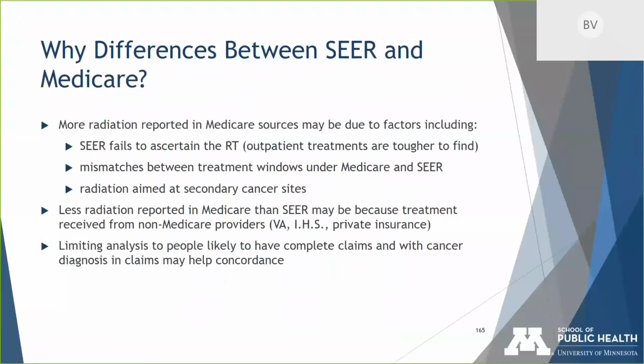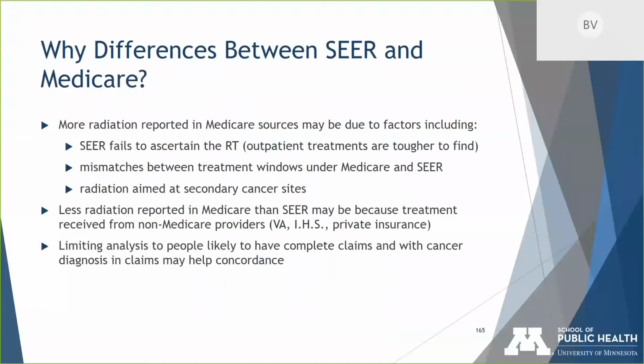Why would we expect differences between SEER and Medicare? These are not unexpected, and they're due to definitions around how SEER and Medicare identify radiation therapy. More radiation therapy in Medicare sources may be due to a number of factors, including that SEER may not ascertain all of the radiation therapy that an individual received.